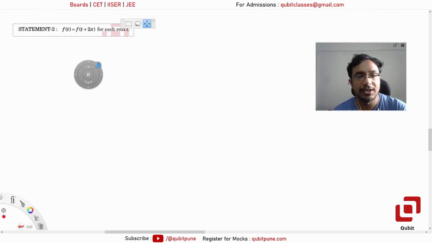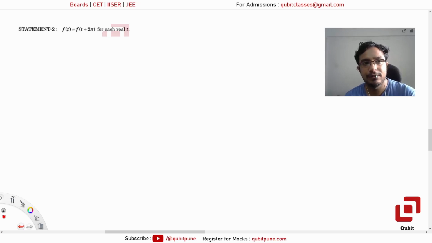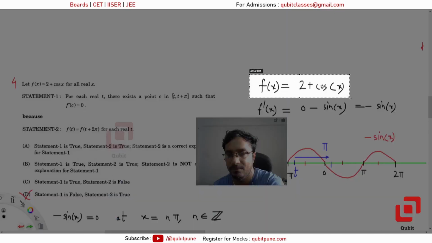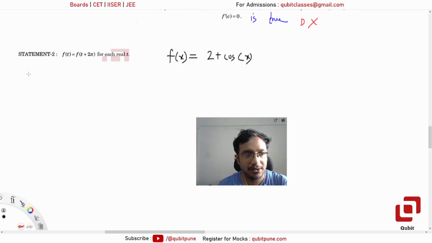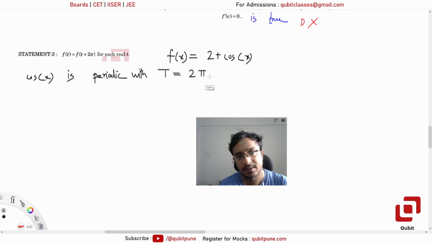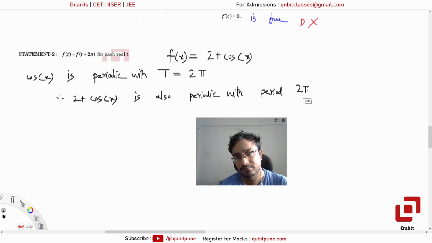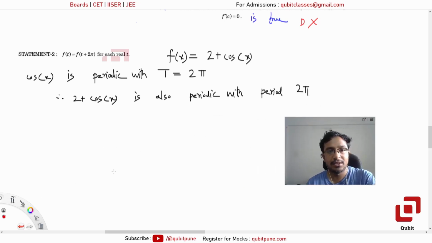What can you say about statement 2? f of t equals f of t plus 2 pi. So it is true, correct, because cos x is periodic with period 2 pi, and therefore 2 plus cos x is also periodic. Okay, so statement 2 is true.